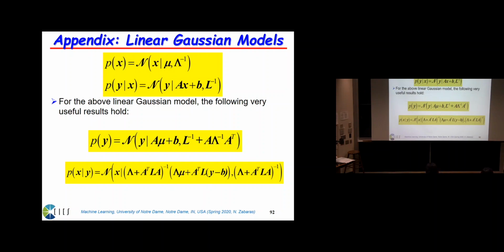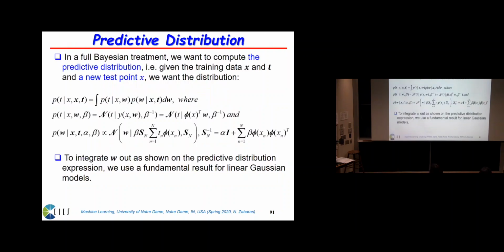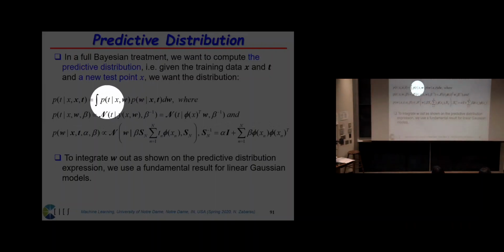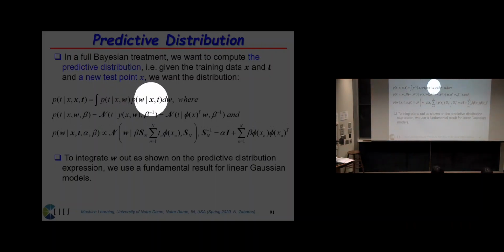Okay? So now, why can I use this? You remember my original problem that I highlighted was to compute this integral of this likelihood times the posterior and then integral in W. The likelihood is this nice Gaussian, and the posterior is given by this wonderful formula.